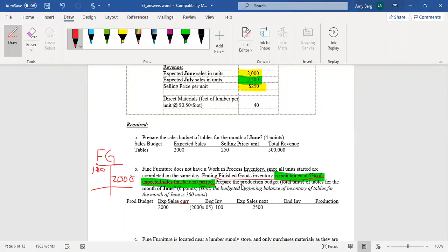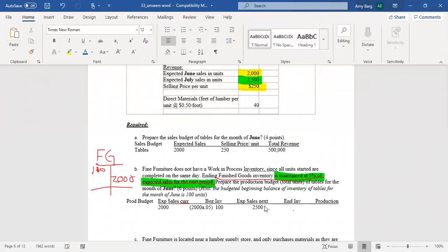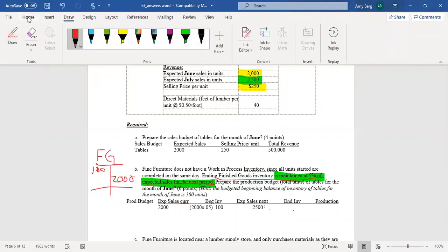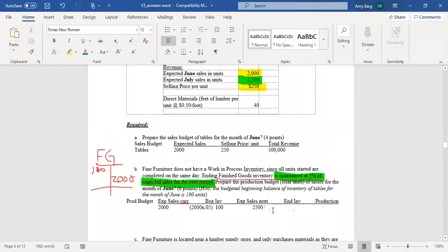And then over here for the ending inventory, we're going to do 5% of the 2,500 because that's how much we want our ending inventory to be at the end of the month. So if I head back to my table over here, if we multiply the 2,500 times the 0.05, we'll get an ending inventory of, what is it, 125.